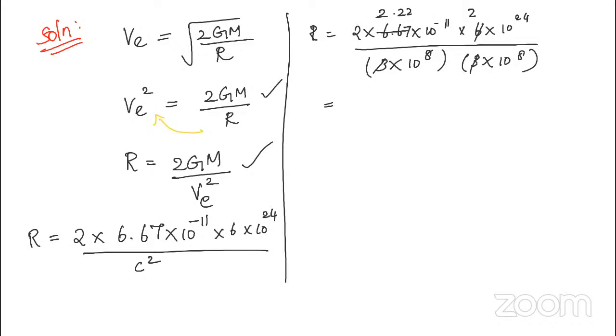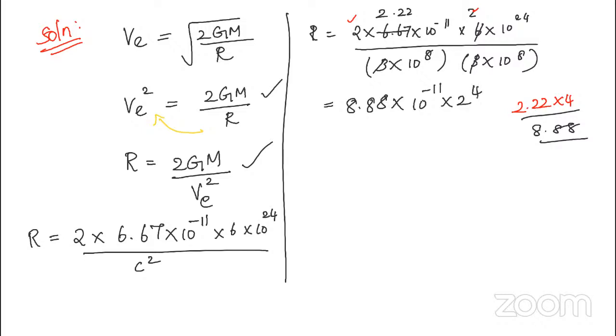Then for the next step, 2 into 2 is 4, and 2.22 into 4 is 8.88. So we substitute 8.888 into 10 power minus 11 into 10 power 24, divided by 10 power 16.